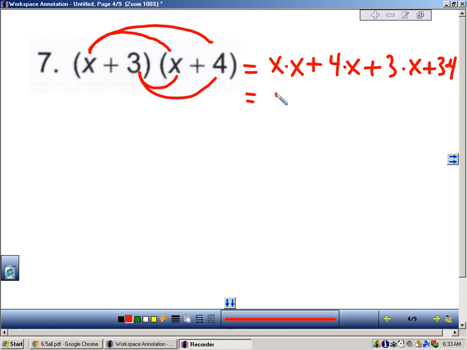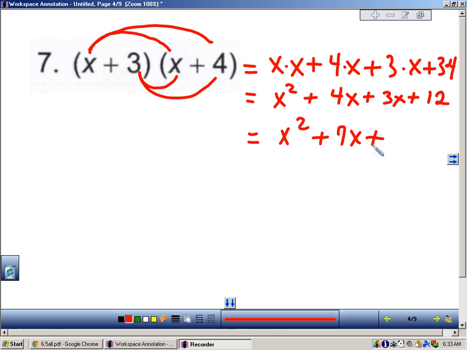So we end up with x squared plus 4x plus 3x plus 12. Combining like terms, making sense, I hope.